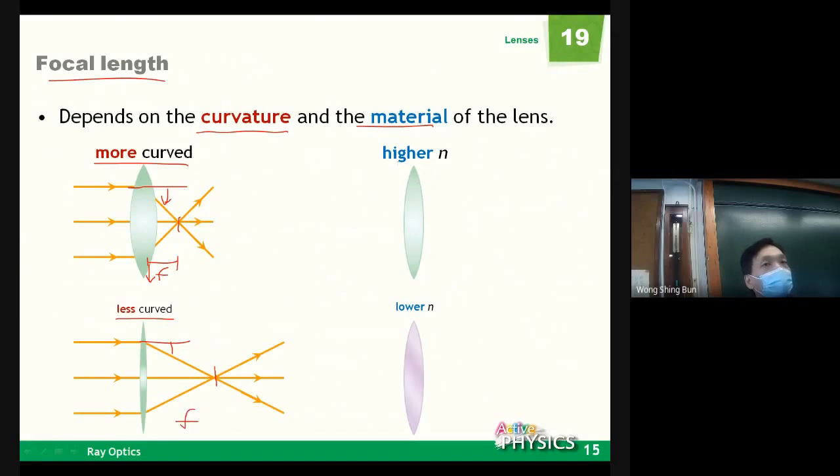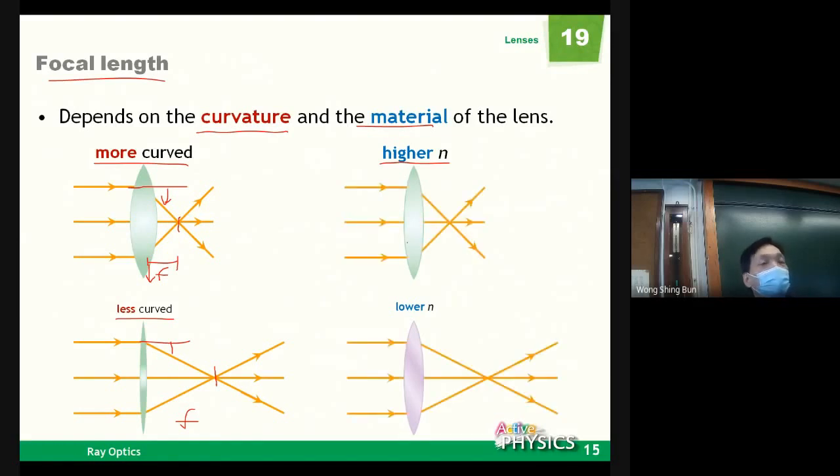How about this? If higher n, higher refractive index, greater effect, then what will happen? Should be this. Greater n, greater refraction. So the intersection point will be located nearer to the lens. Okay, now final conclusion.